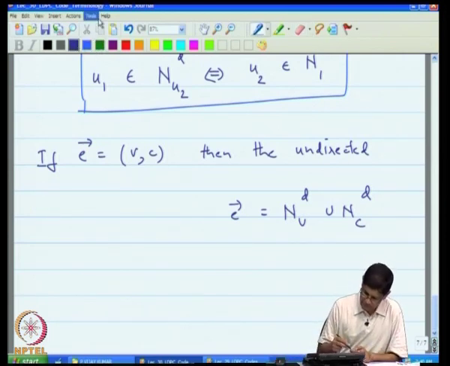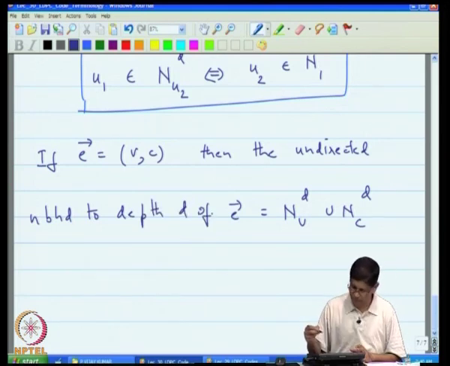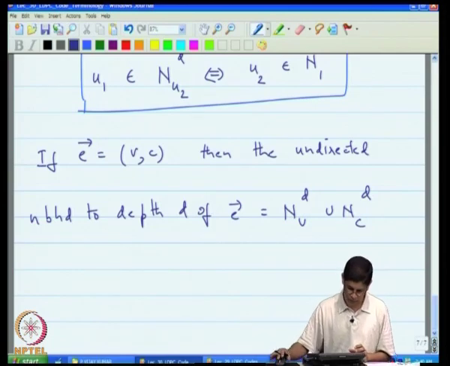Then the undirected neighborhood to depth d of the directed edge is this, all right.